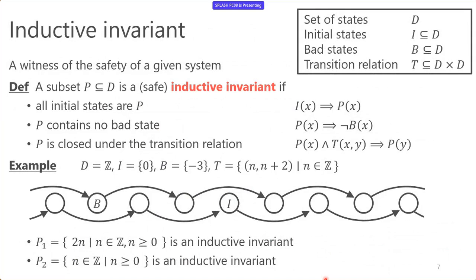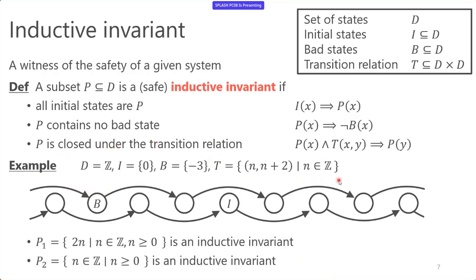An inductive invariant is an essential notion in software model checking, which works as a witness of the safety of a given program, and is defined like this. A subset P of D is called an inductive invariant if all initial states satisfy P, P contains no bad state, and P is closed under the transition relation.